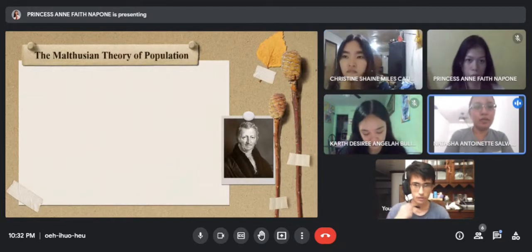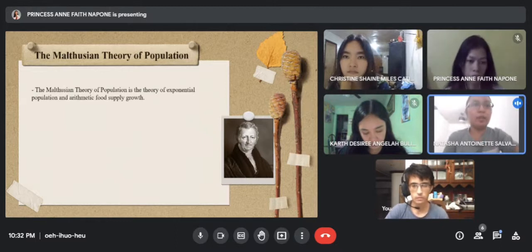The Malthusian theory of population. It is the theory of exponential population and arithmetic food supply growth.